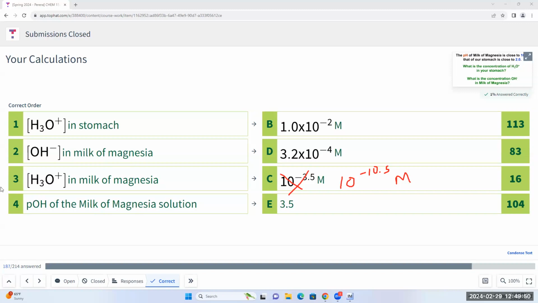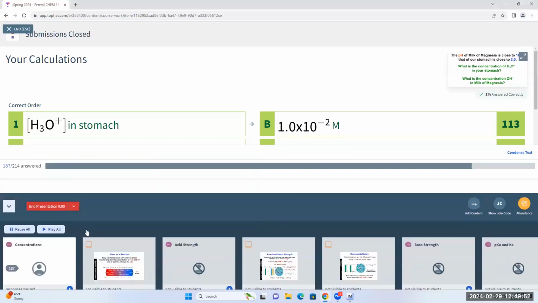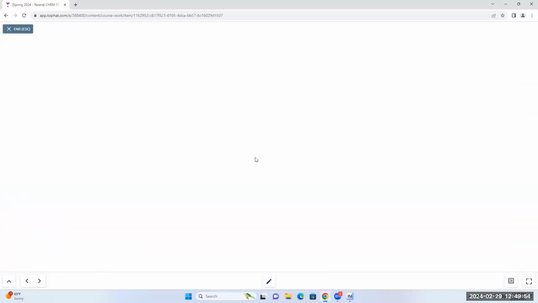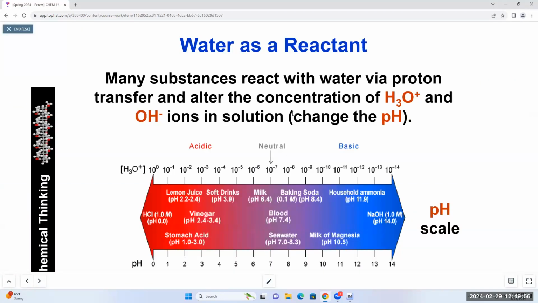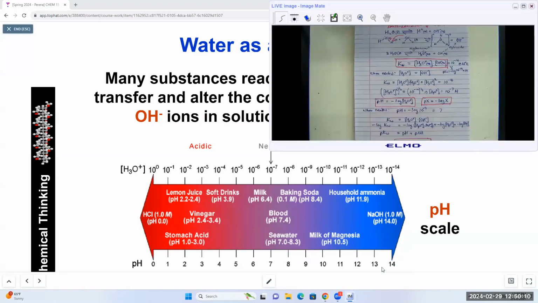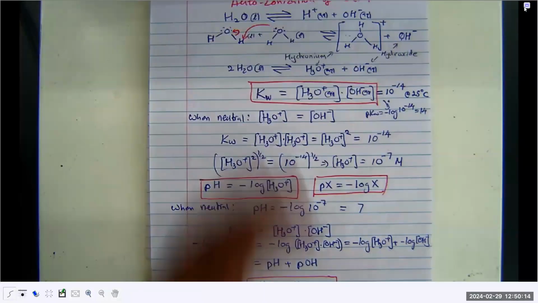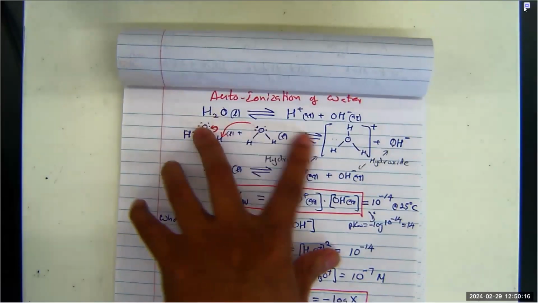I'm going to clear my doodling one more time. I want to move on to this. Okay. So just to remind us about what we have done so far, okay? We talked about the most important reaction in this unit, which is this. This is the most important reaction in this unit, the autoionization of water.